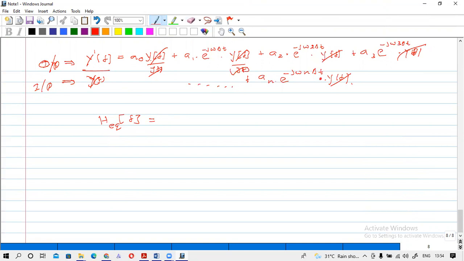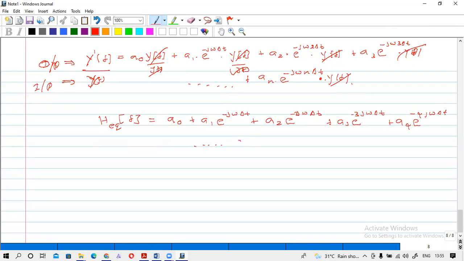You can see that we can write that as A0 plus A1 e to the power minus j omega delta t, plus A2 e to the power minus j omega 2 delta t, plus A3 e to the power minus j omega 3 delta t, and A4 e to the power minus j omega 4 delta t, and so on up to n.